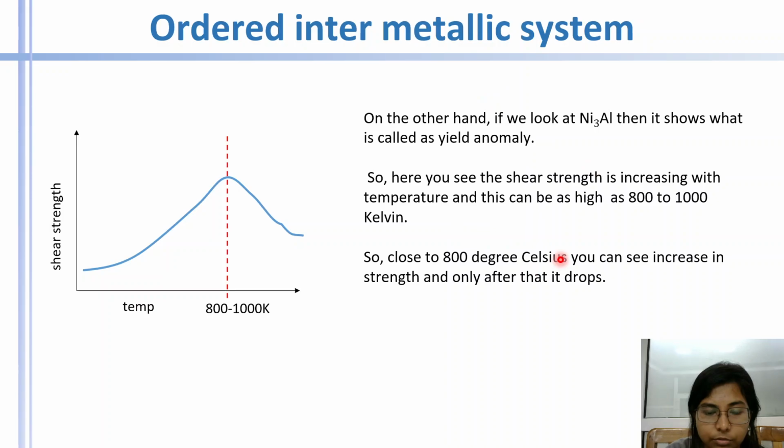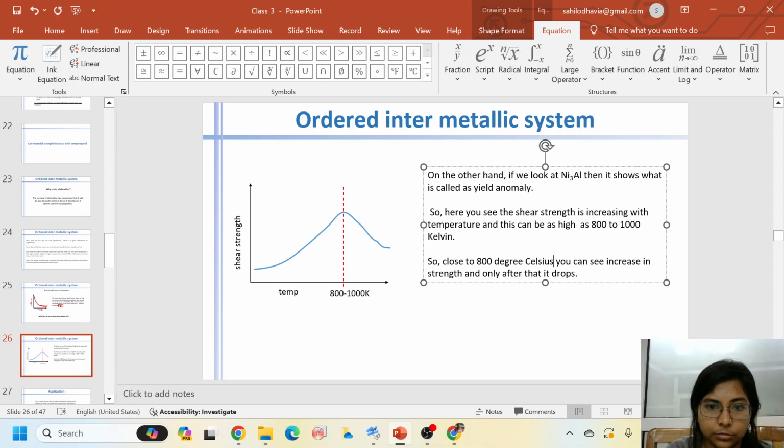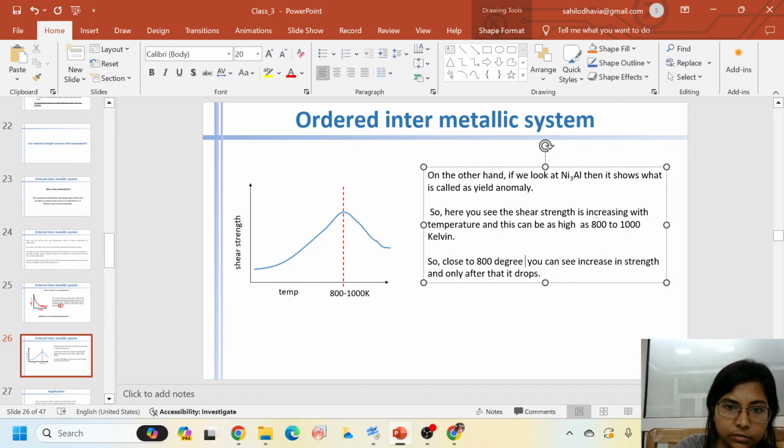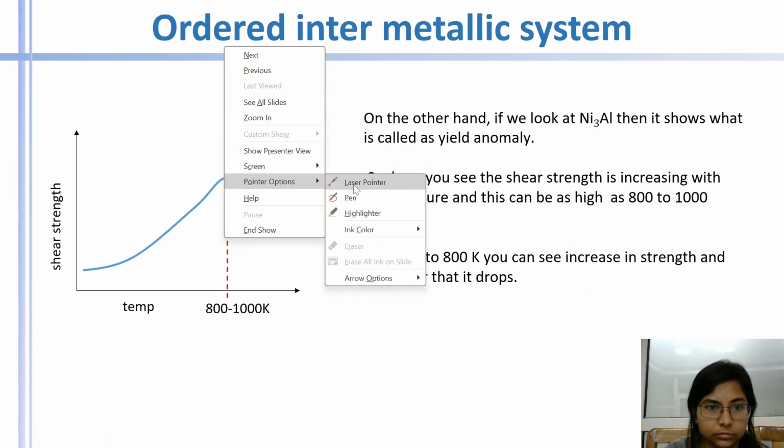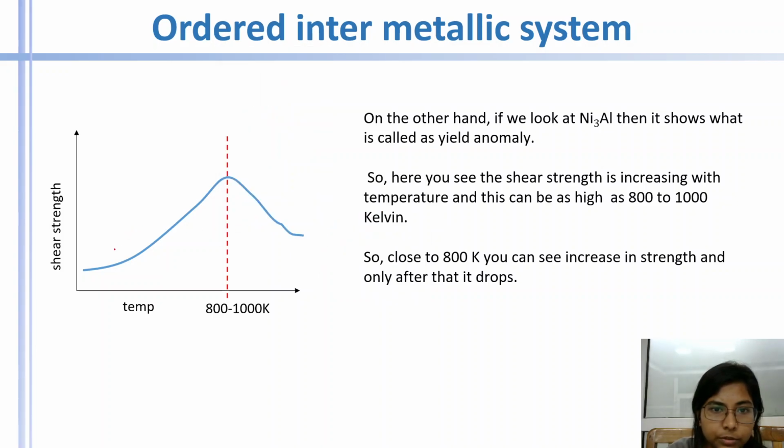So this will not be Celsius, this will be Kelvin, I will correct it. So we see here that the shear strength is increasing with increasing temperature, around 800 to 1000 Kelvin.